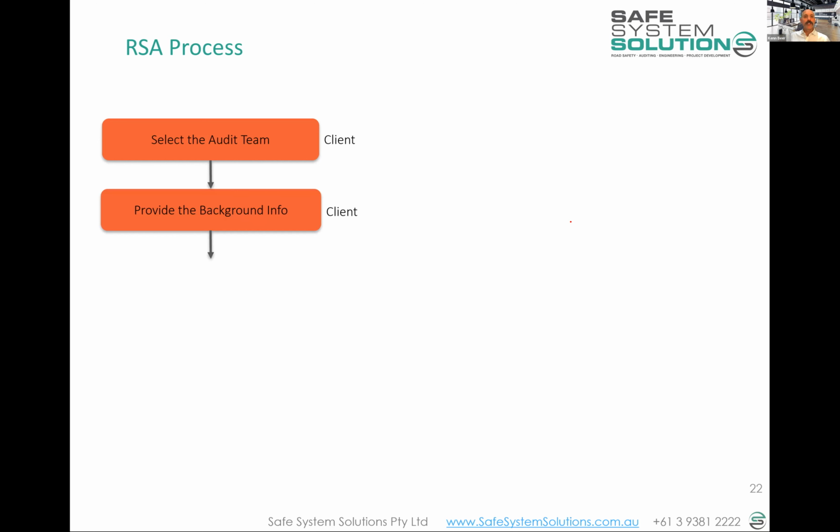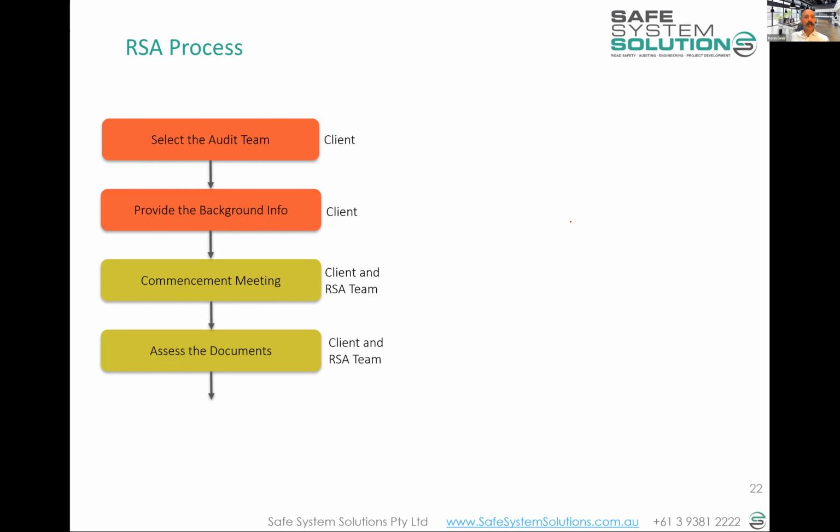Then the information is provided. Everything's collected and packaged up, all the information that the team is going to need. There's some sort of commencement meeting or discussion where all of that information is handed over, with the audit team and the client there.